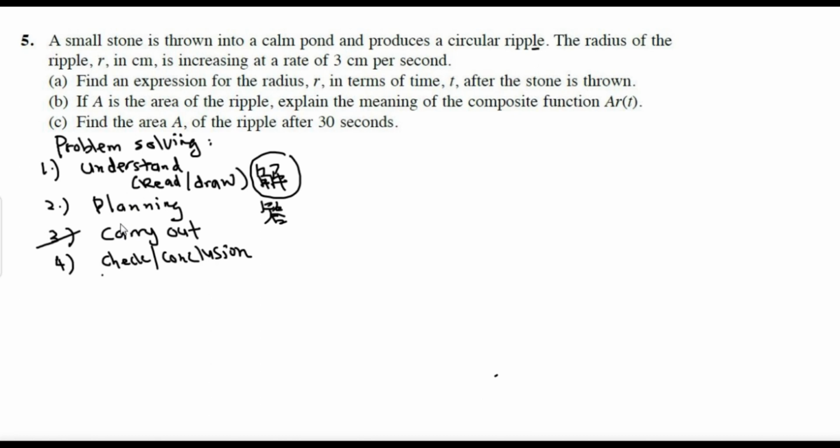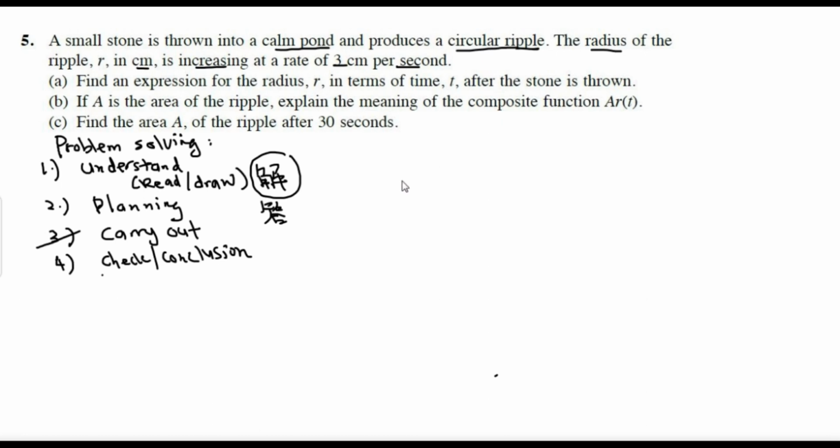We start with reading. A small stone is thrown into a calm pond and produces a circular ripple. The radius of the ripple r in cm is increasing at a rate of 3 cm per second.